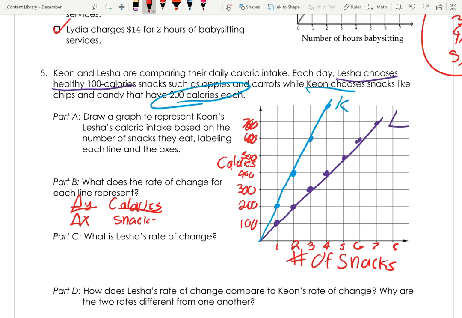So essentially, it's calories per snack, which is what's described to us in the problem. 100 calories per snack and 200 calories per snack. Leisha's rate of change, as we already know, was 100 calories per snack.